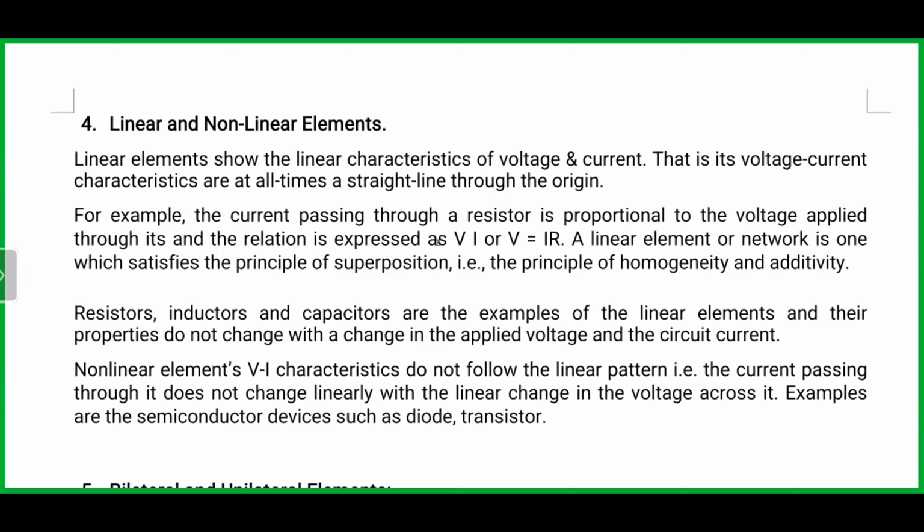So even if we increase the current or the voltage, the resistor still permits the same property. It will not restrict the current unless it goes beyond the resistance of the resistor.